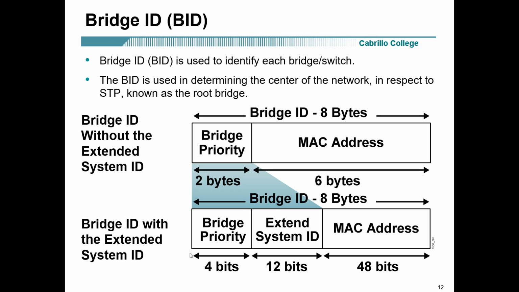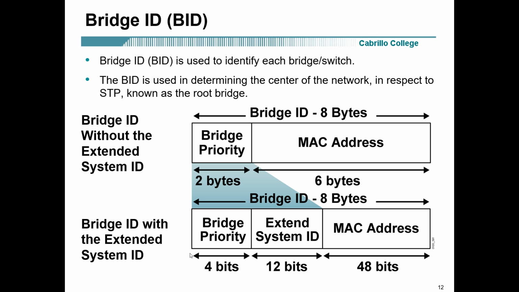So our bridge ID is used to identify individual bridges and switches. The bridge ID, or BID, is used in determining the center of the network in respect to STP. This is going to be known as our root bridge. The bridge ID without the extended system ID is going to look at just bridge priority and the MAC address.